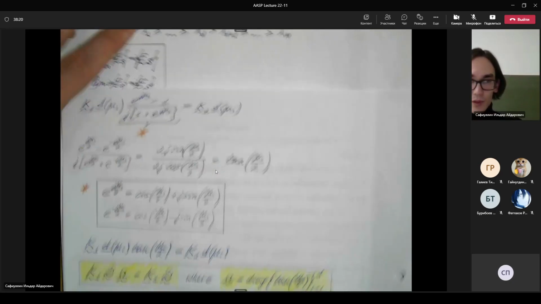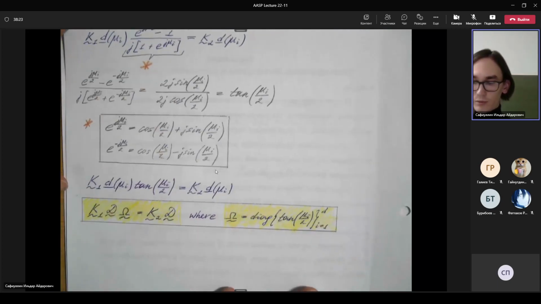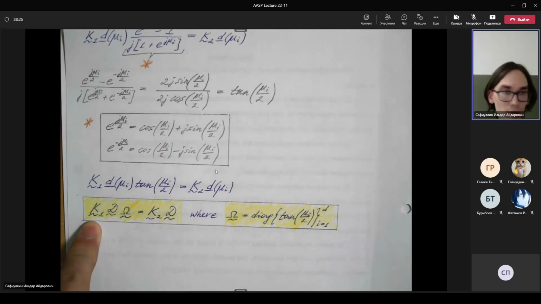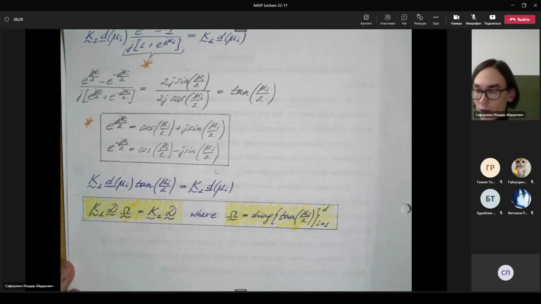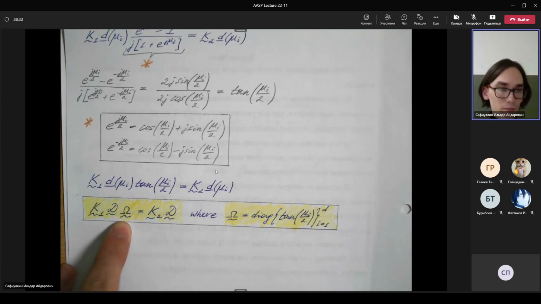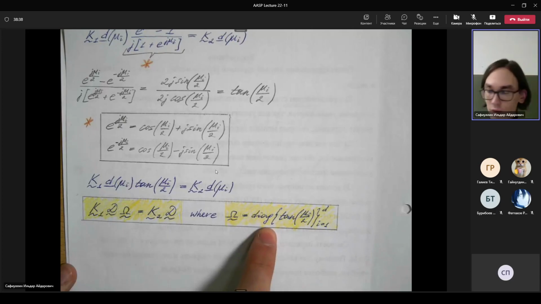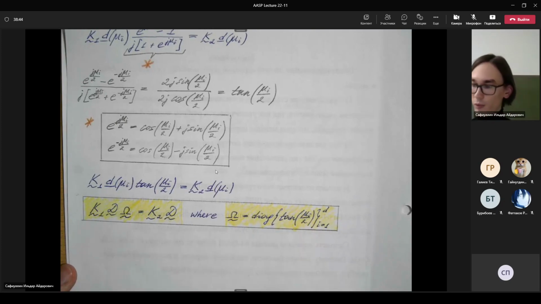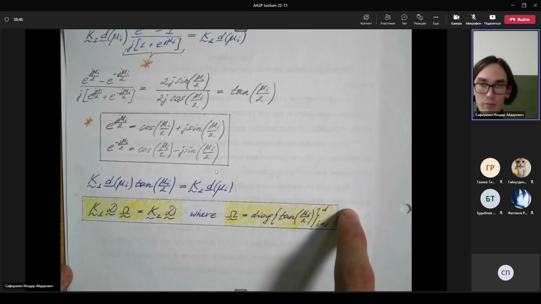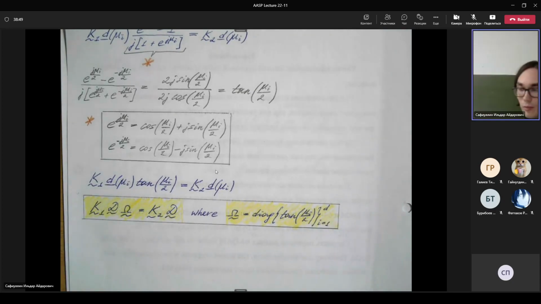And here it is the same thing, but this one is the transformed selection matrix, this one is the transformed array steering matrix, and instead of matrix phi, we have matrix capital Omega, where the diagonal elements equal the tangent of mu sub i over 2, where i goes from 1 up to the number of wavefronts or number of sources, small d. Then let's continue our lectures.